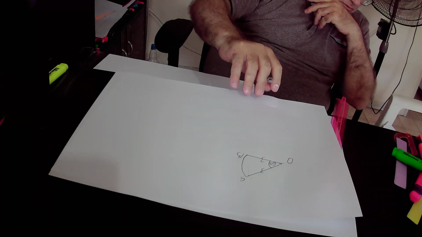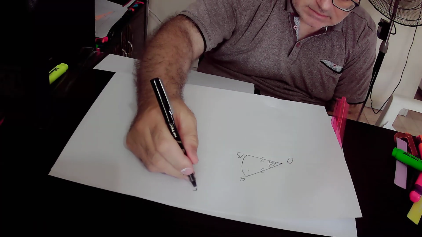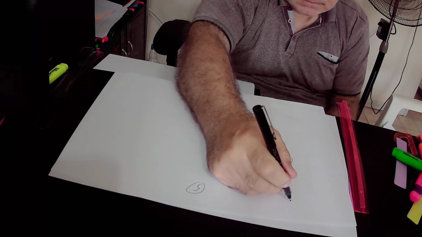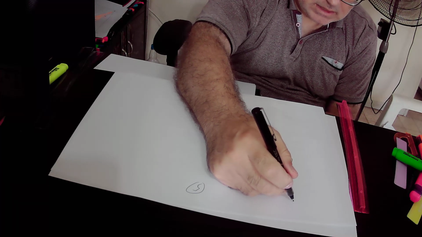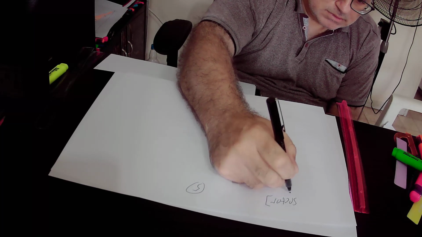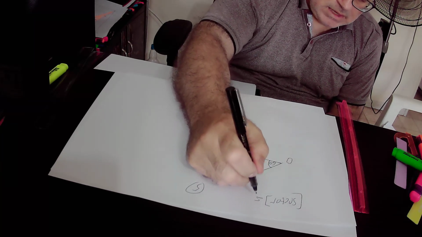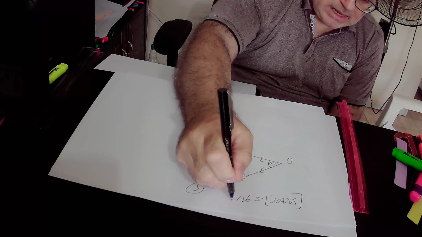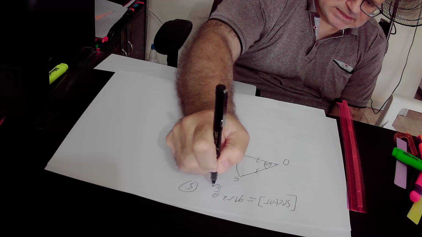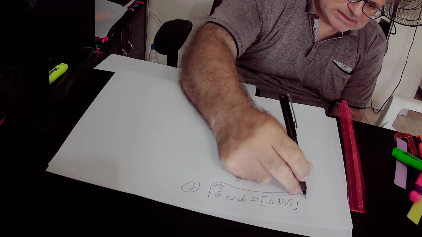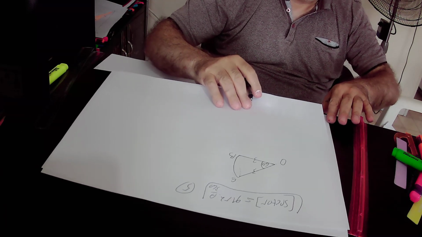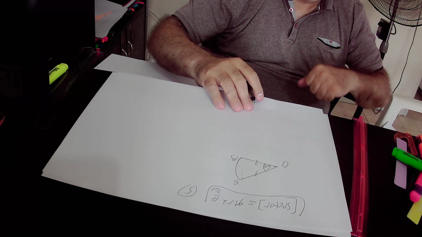We have already found out that the area of any sector is equal to pi r squared times theta over 360 degrees. Here r is the radius that contains the sector, and theta is the angle between the legs of the sector.